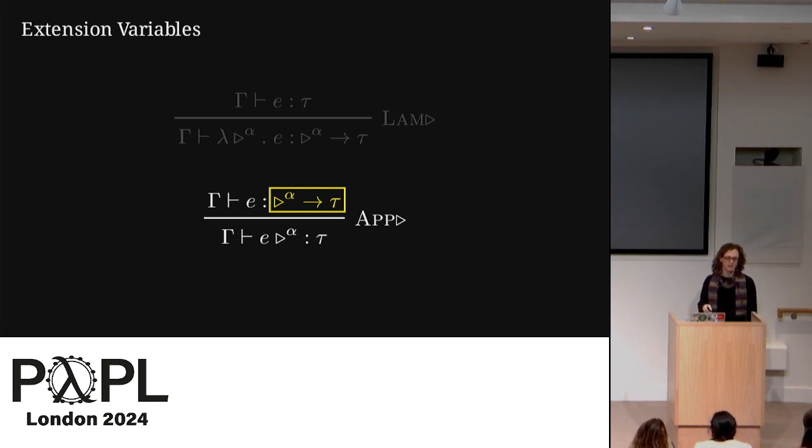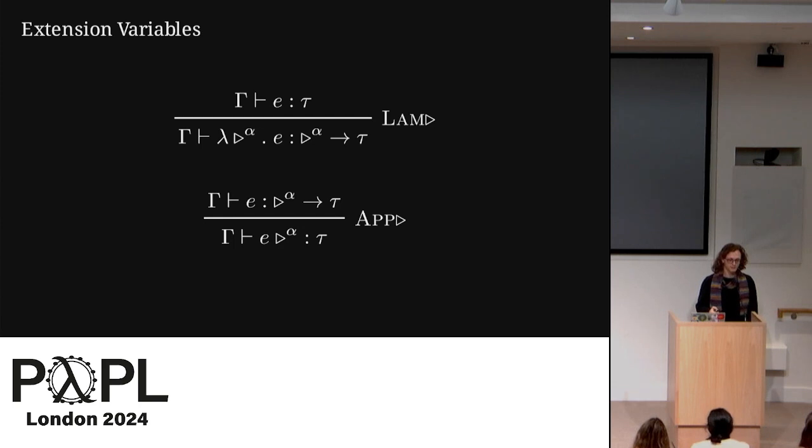So this means that if we have an extensible lambda, it needs to be at some point called by an extensible application with the same extension variable, which is what ensures that simultaneously updating all occurrences of a particular extension variable in a program will give us a well-typed program.